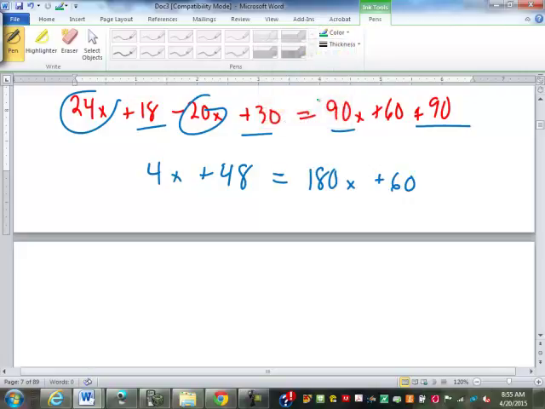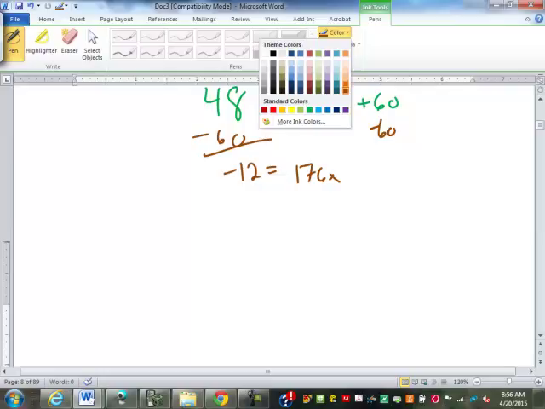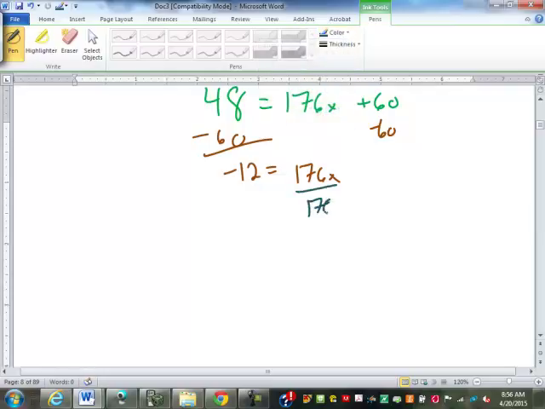Okay, and then 48 equals 176x. And then negative 12 equals 176x. And then x equals negative 3/44.